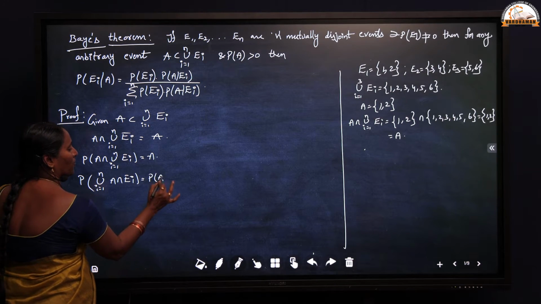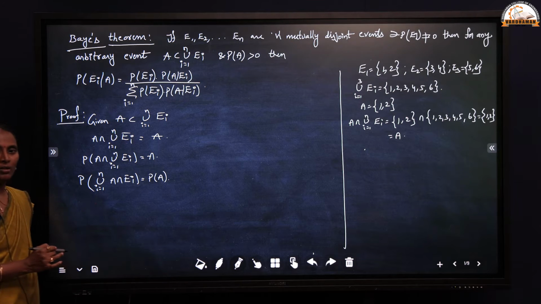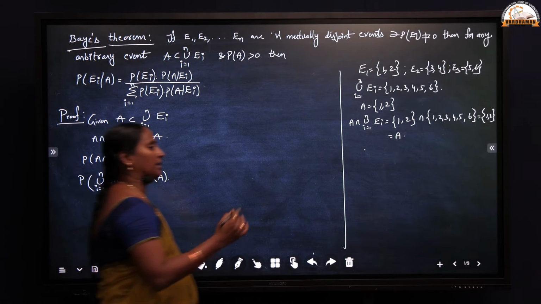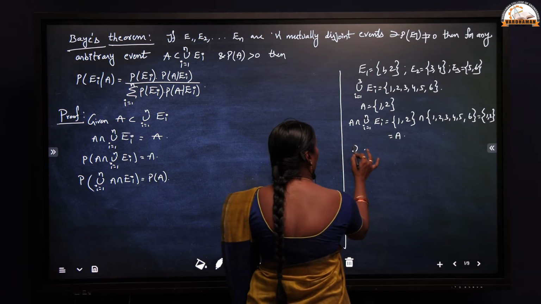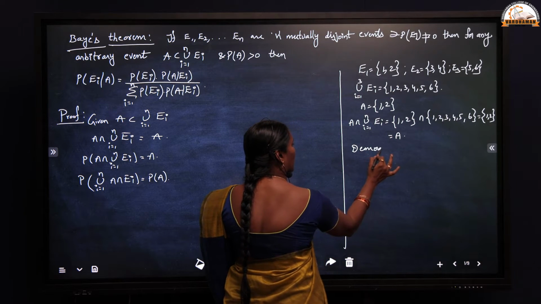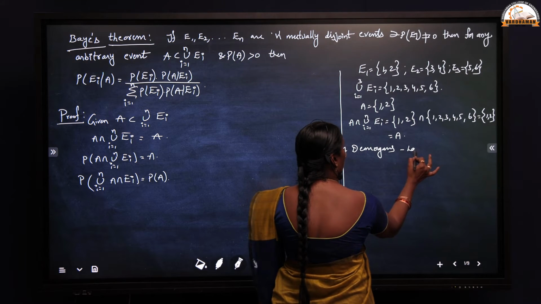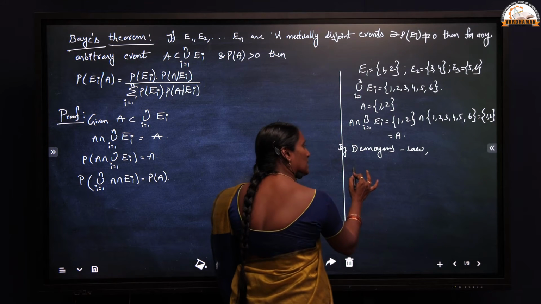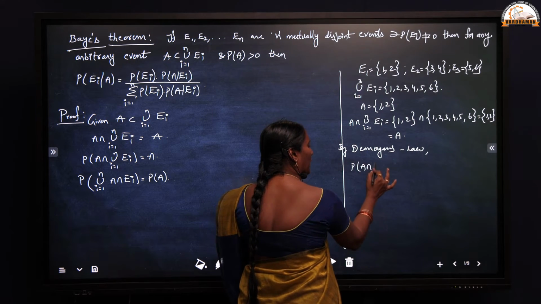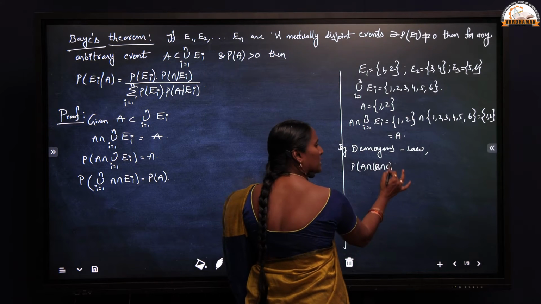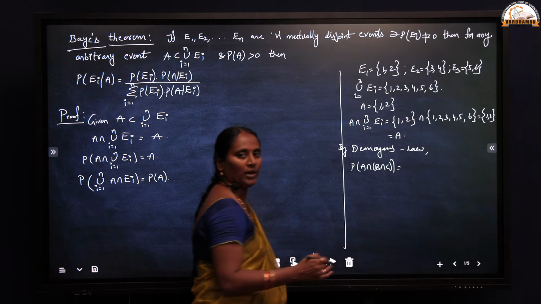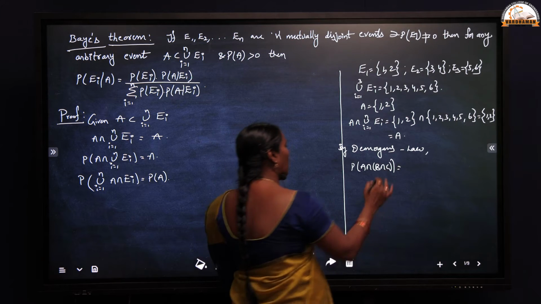is equal to P of A. Before this, in earlier concepts, we learned De Morgan's laws. Let us see one more time: what is the law here actually? P of A intersection B intersection C. If you have three events, how do we write it?